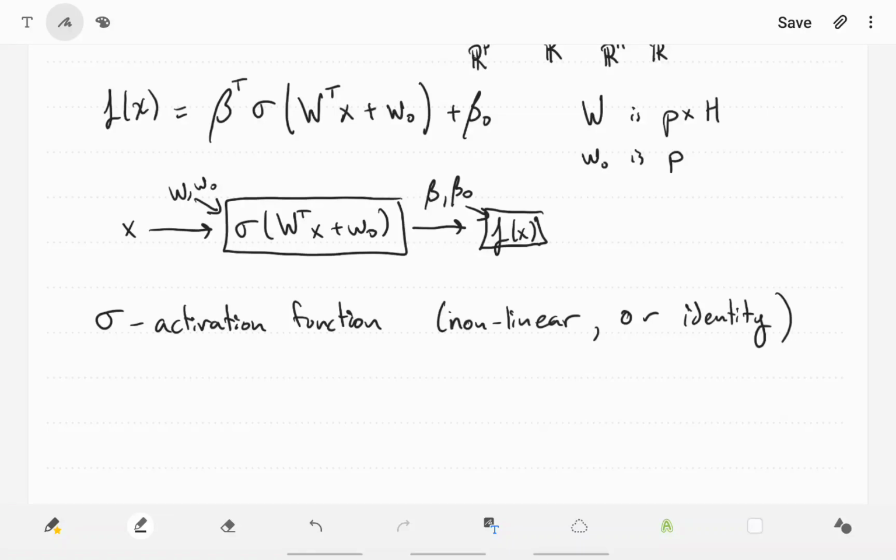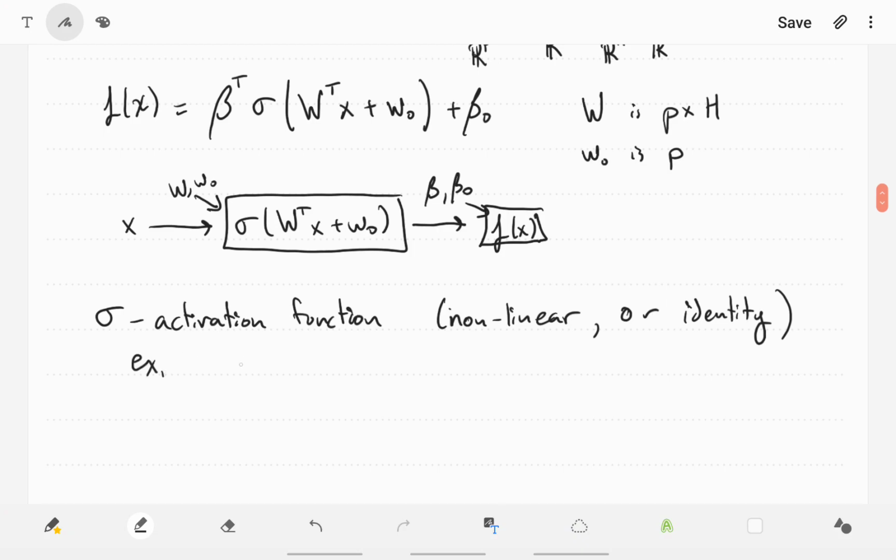So for example, sigma of z could be equal to the sigmoid activation, which is a classical activation function.